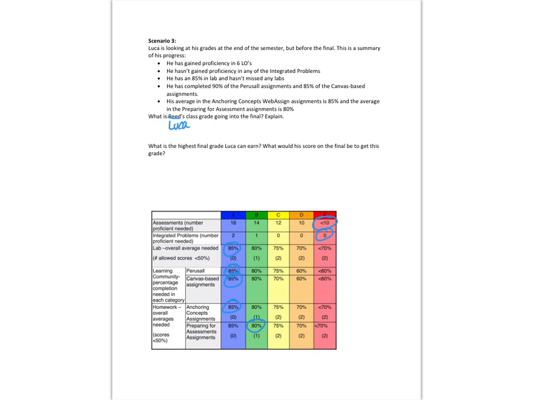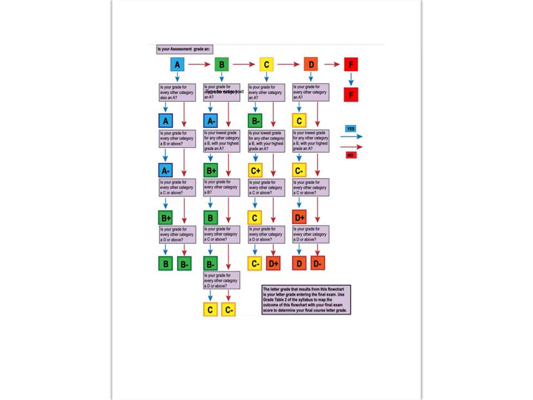Let's take a look at the flow chart. So the flow chart is like, when you're at the F level, there's really no alternatives. You have an F. So Luca has an F going into the final.